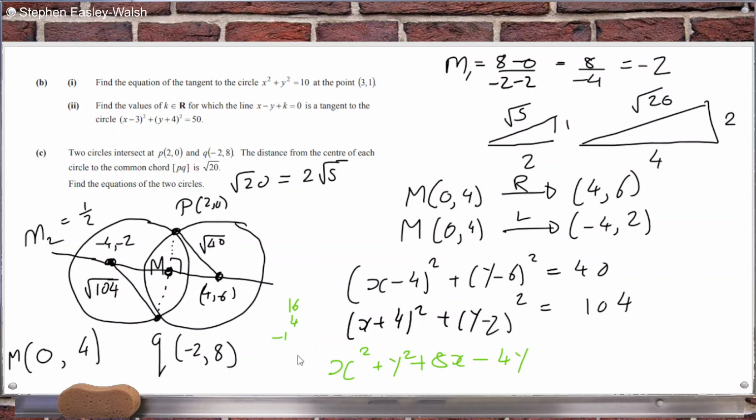I must have done something really stupid here with that distance. Minus 2, 8, and then this point here is minus 4, minus 2. What about if I use the same point as before? I mean, it shouldn't affect the answer though, but clearly there's something wrong with that number.